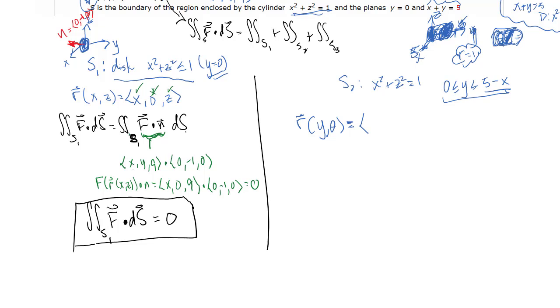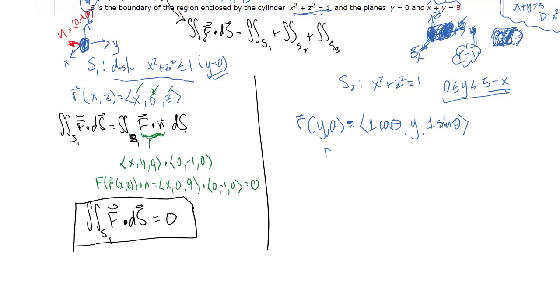So our x and the z are the ones that are going to make up the circle. So the radius is 1, cosine theta for the x. Our y is just going to be the y, and then our z is going to be 1 times sine theta.